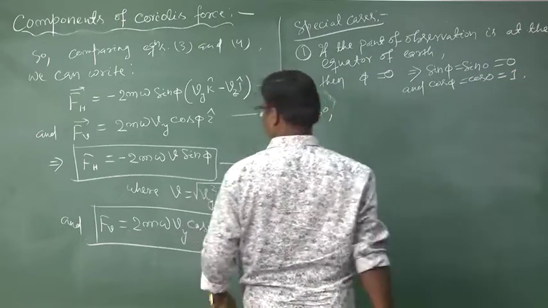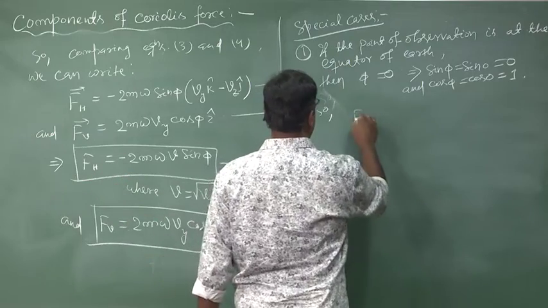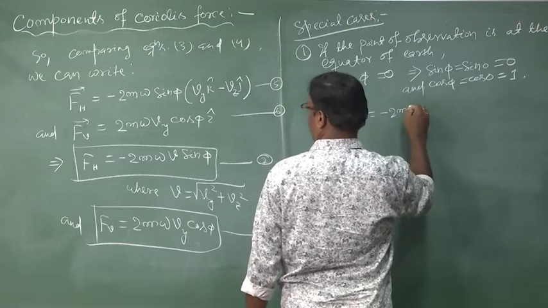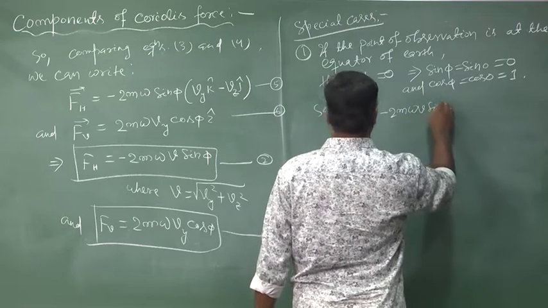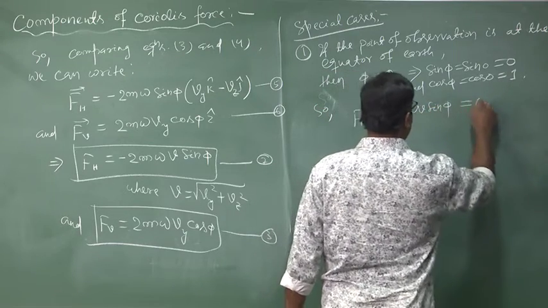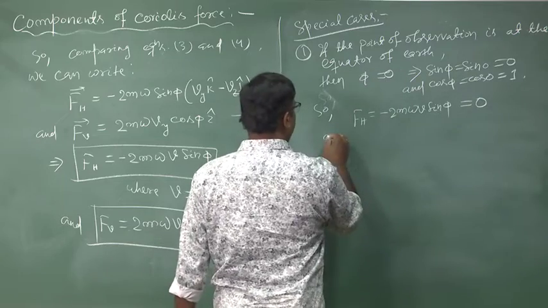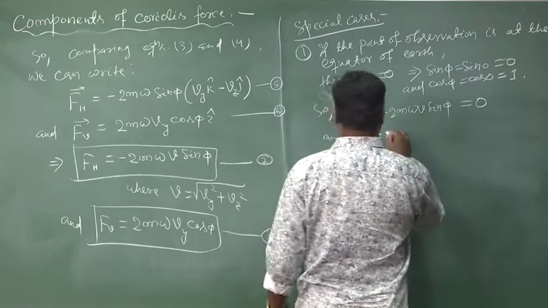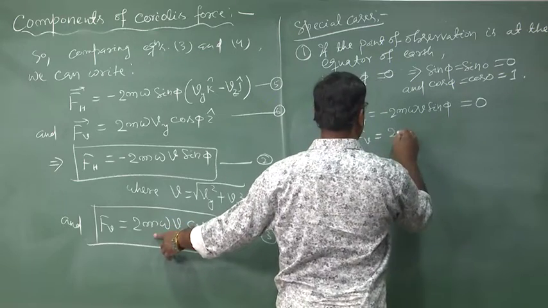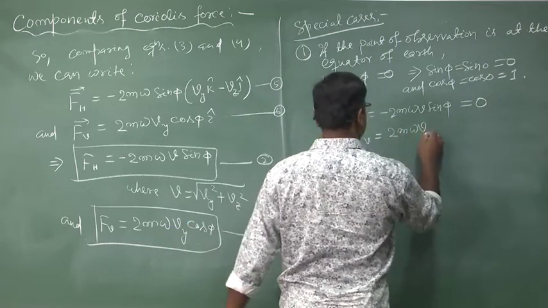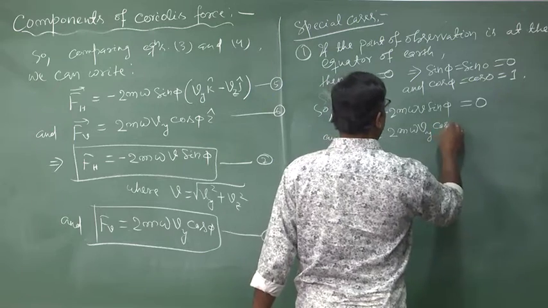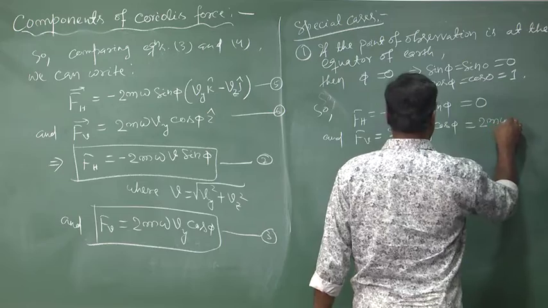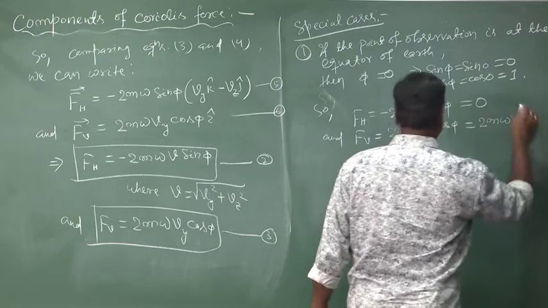So, Fh is equal to minus 2m omega v sin phi, which is equal to 0, and Fv is equal to 2m omega vy cos phi, which is equal to 2m omega vy.